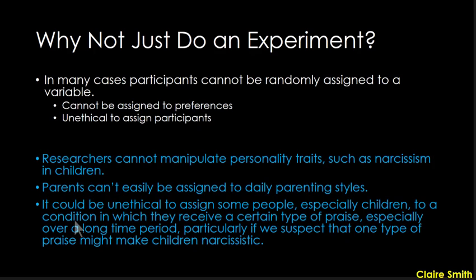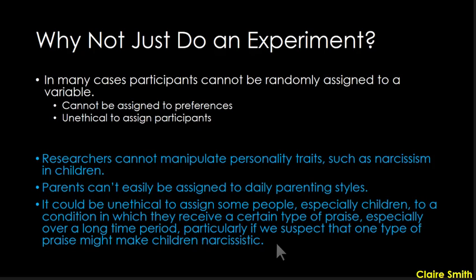And yeah, it'd be unethical to assign children to conditions where they receive a certain type of praise, especially if it's for an extended period of time. And especially if we suspect that one of the types of praise might make children narcissistic, right? So if we know there might be a negative outcome for one of the types of praise, whatever it may be, obviously it's not very ethical to assign children because it could potentially, again, hurt them later on.